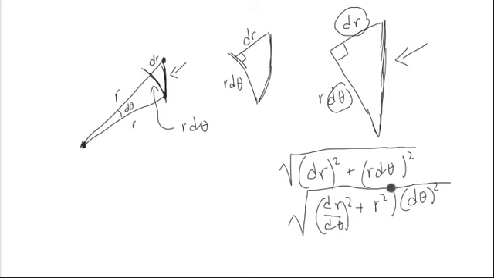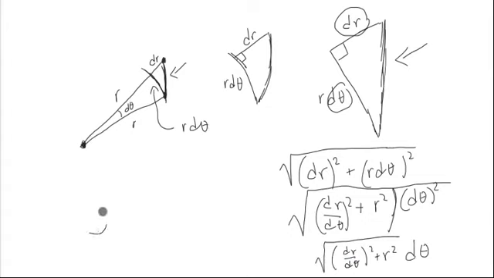So this is valid, and in taking a square root, we get d theta, and then we're left with, underneath the square root, (dr over d theta) squared plus r squared. And so this right here is a little piece of arc length.